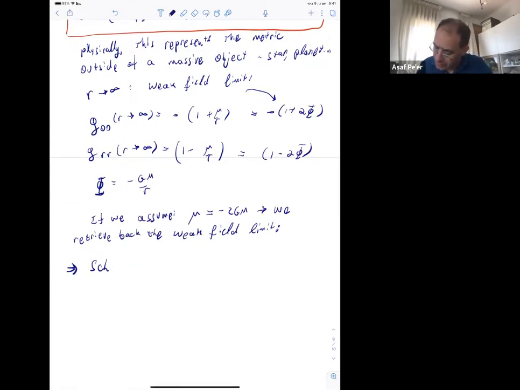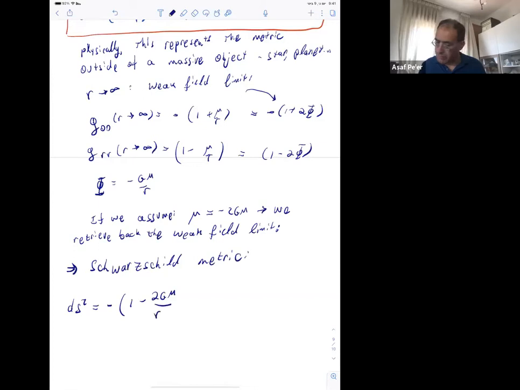Okay, let me write it again. The Schwarzschild metric: ds squared is equal to minus (1 minus 2 Gm over r c squared) c dt squared plus (1 minus 2 Gm over r c squared) to the power minus 1 dr squared plus r squared d omega squared.